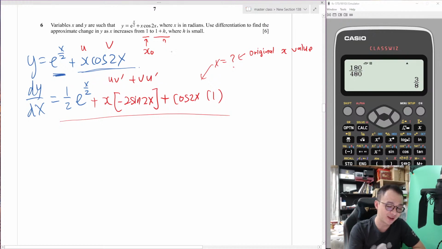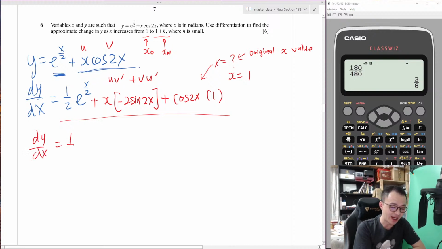Therefore the x value here will be 1. I will need to sub 1 into my dy/dx. So I have e to the power of 1 over 2, and then minus 2 sine 2 plus cos 2.